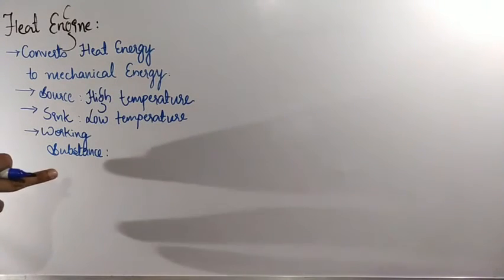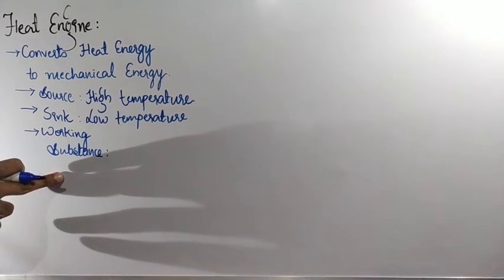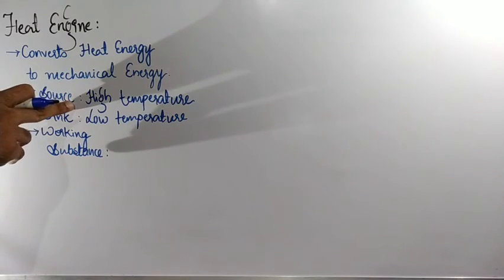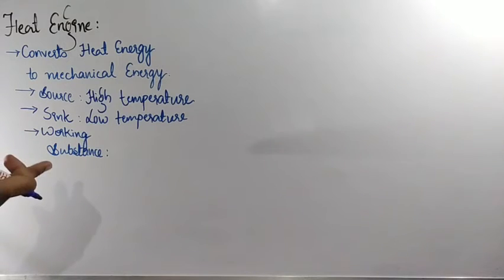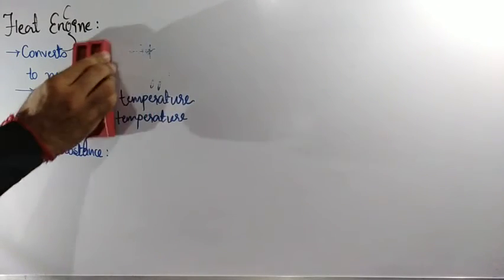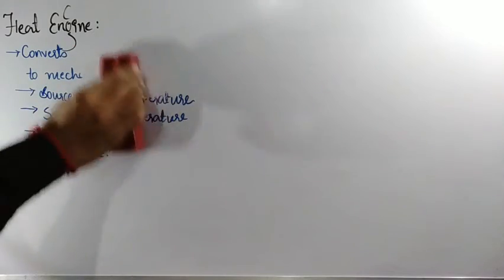That petrol will absorb heat energy from the source, and that will be used as mechanical energy to move the system. Clear? In that manner we use the working substance. So shall I erase this part? Shall we go to the diagrammatical part of heat engine? Clear? Okay. Listen. Heat engine.